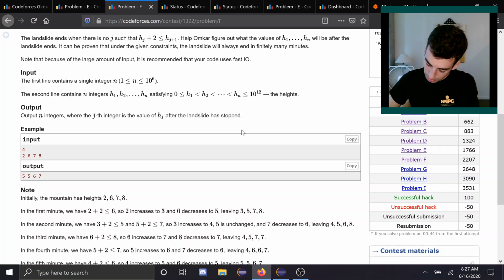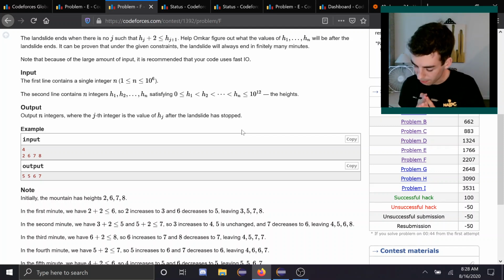So that would leave us with 1, 1, 4, 4. Yeah, so the parity of each difference stays the same, so that's important.